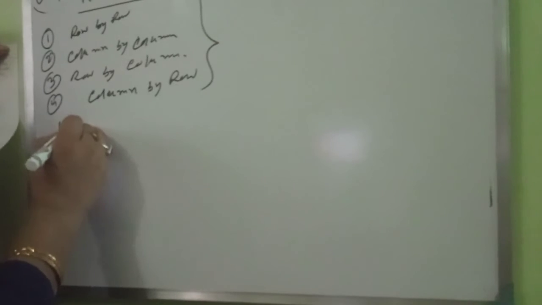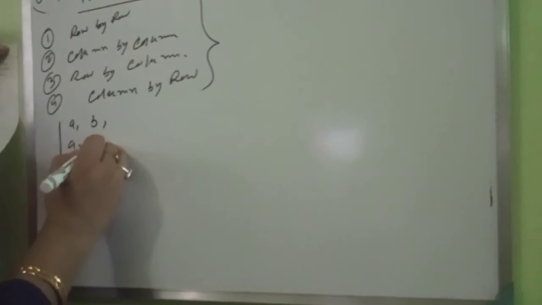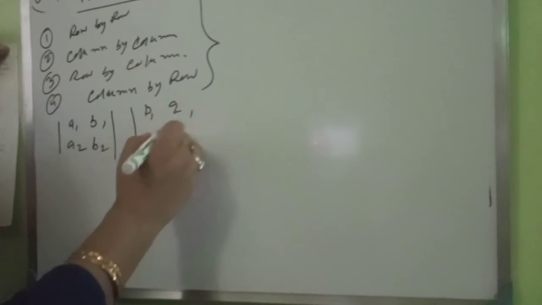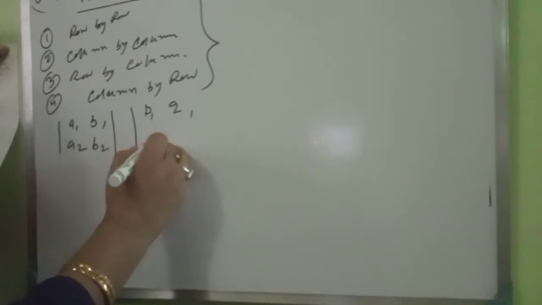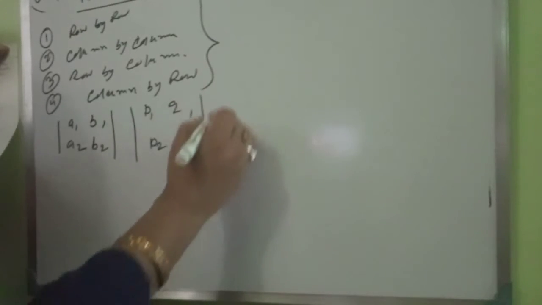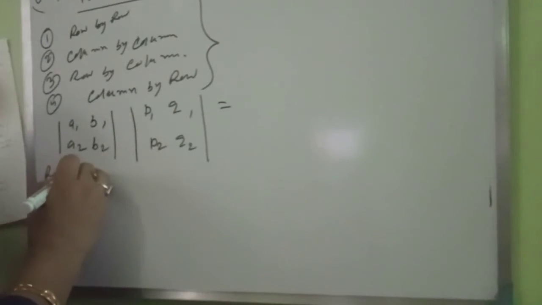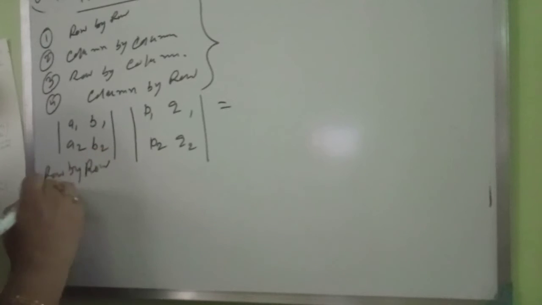I would suggest all of you just follow any one method. I always suggest to do in this way: P1, Q1, P2, Q2. So this is row by row. I always follow in this way.